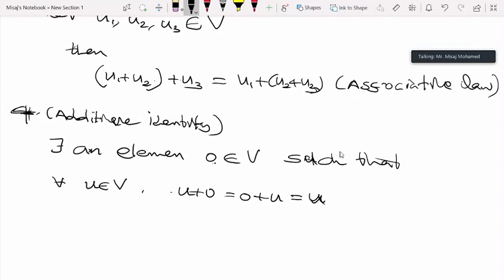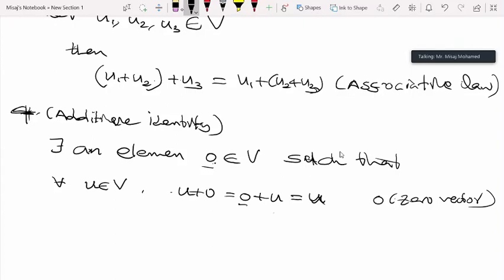That means I will put it as 0 vector. This is 0 vector, right? There exists a 0 vector in V. If you take an addition with that 0 vector for any element in V, any element, not only a particular number of elements, if you add on the right or left, no problem.